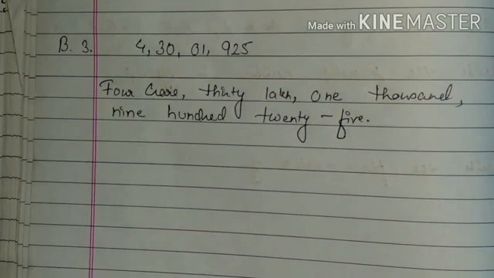In words, what will you write? FOUR crore, comma, THIRTY lakh, comma, ONE THOUSAND, comma, NINE HUNDRED TWENTY-FIVE. Like this you have to do the rest of the sums.